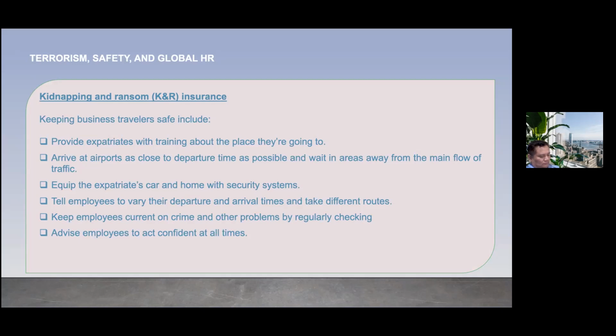They can also equip the expatriates' car and home with security systems. They can also tell the employees to vary their departure and arrival times and take different routes. The employees must be kept current on crime and other problems by regularly checking, and advised to act confident at all times because body language can attract perpetrators and those who look like victims often become victimized.